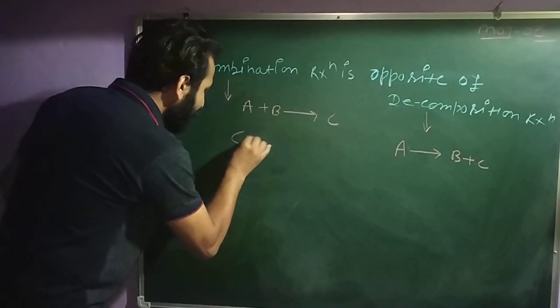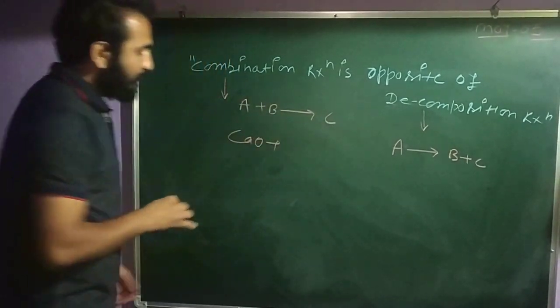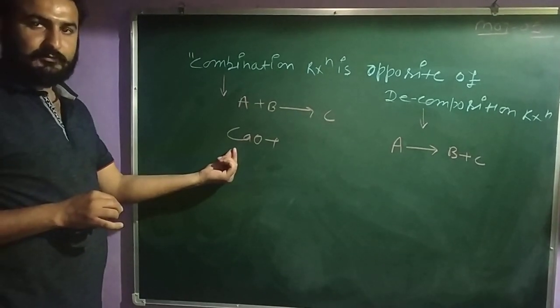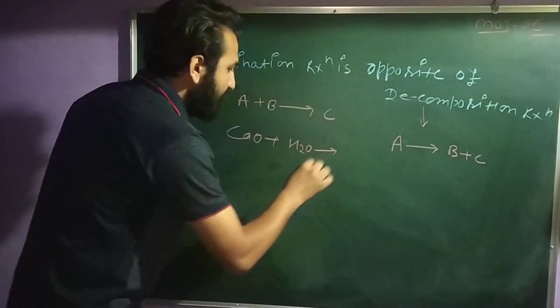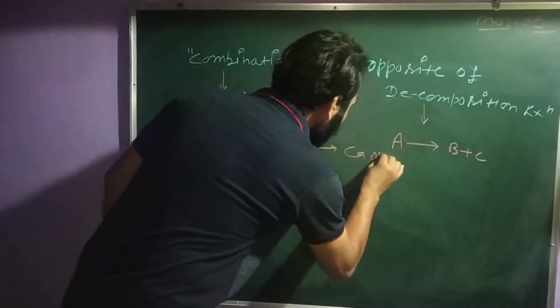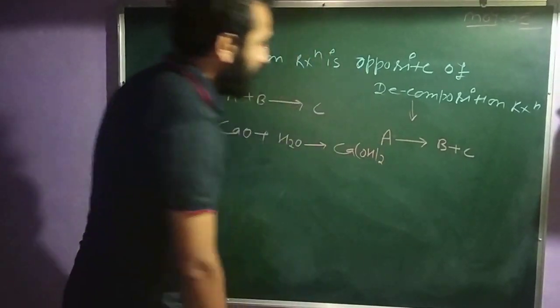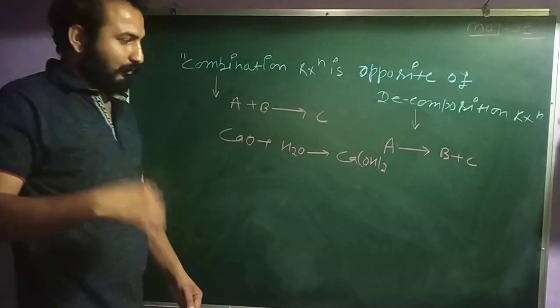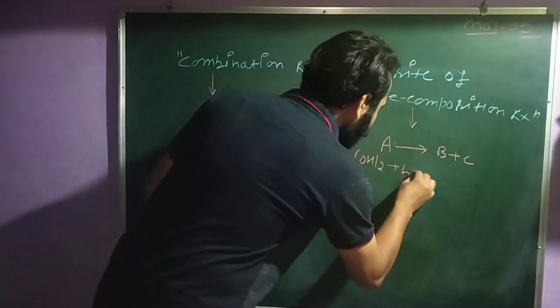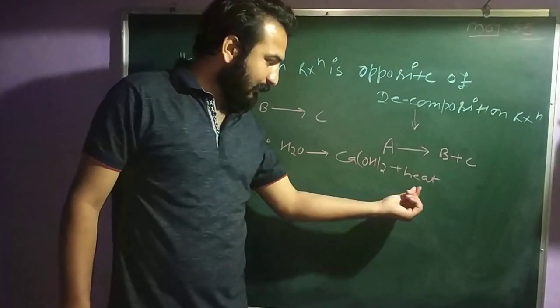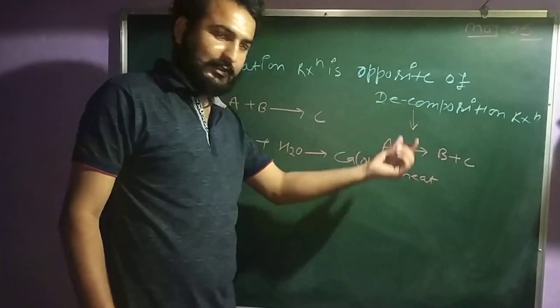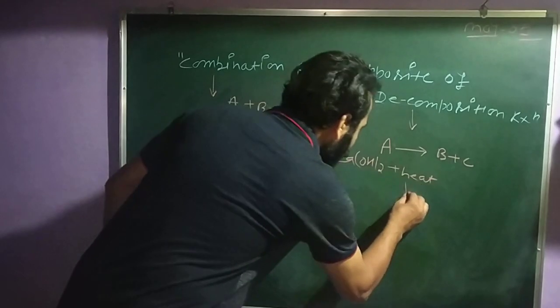So take one example. In the combination, we have the example CaO, the calcium oxide, clear, plus H2O. It will give Ca(OH)2, the calcium hydroxide, with some heat. This heat indicates that this reaction is exothermic.